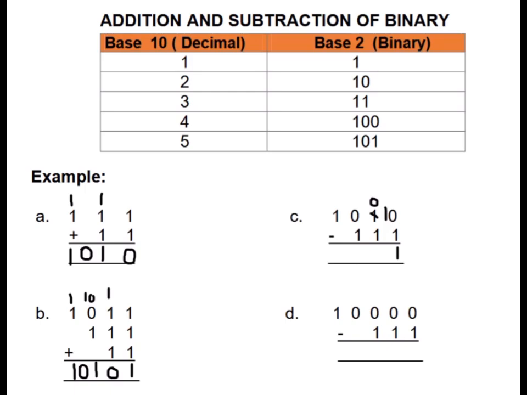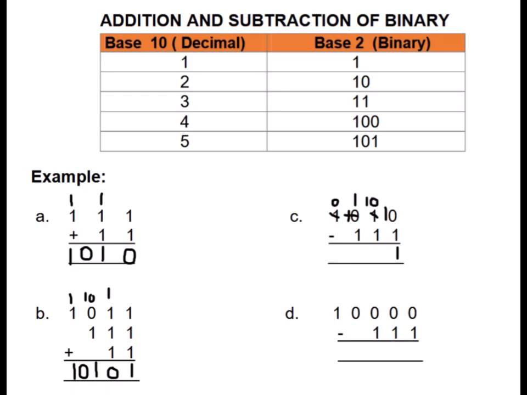I can't remove 1 from this 0, so I have to borrow from here. So this is meaning 0. To this, which is 1, 0. 1, 0 is 2. So I'm going to borrow 1 from here. This is meaning 1. Then bring it here.